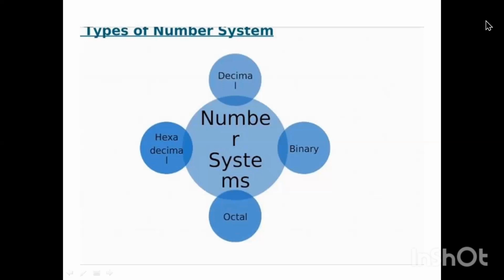The third and fourth are the octal number system and the hexadecimal number system. Both are called intermediate number systems between the real world number system and the binary number system.